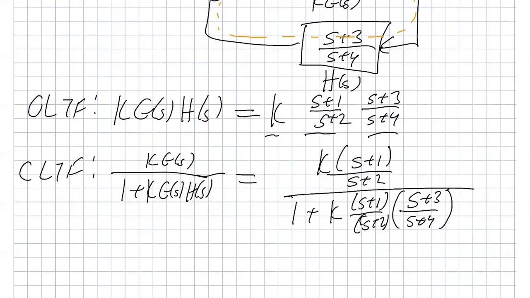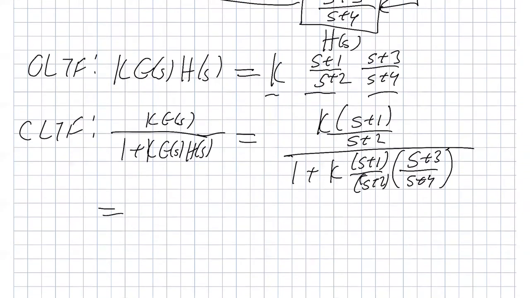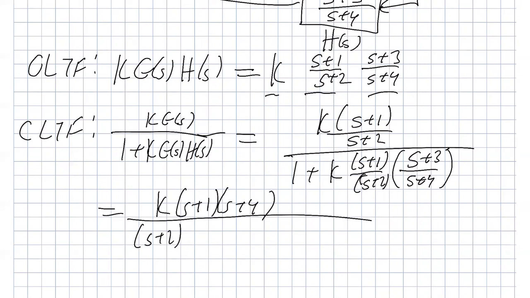We can simplify that and end up with k times s plus 1 times s plus 4 over s plus 2 times s plus 4 plus k times s plus 1 times s plus 3.